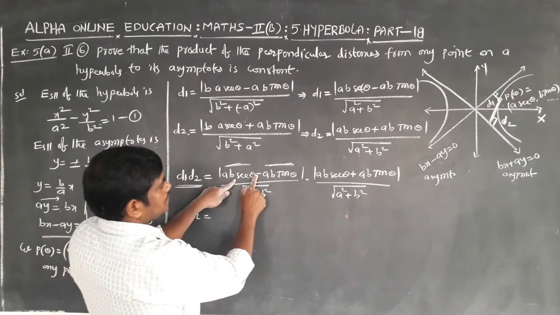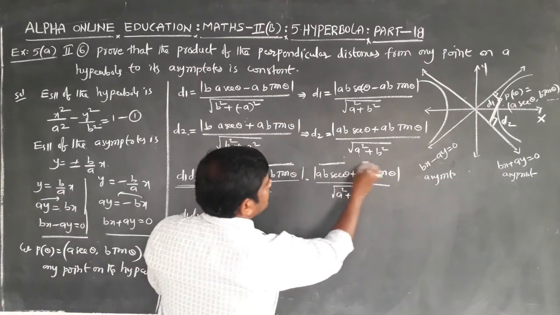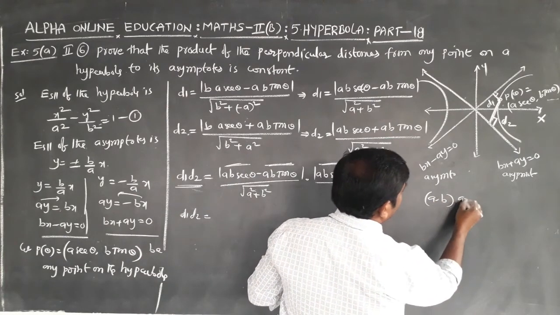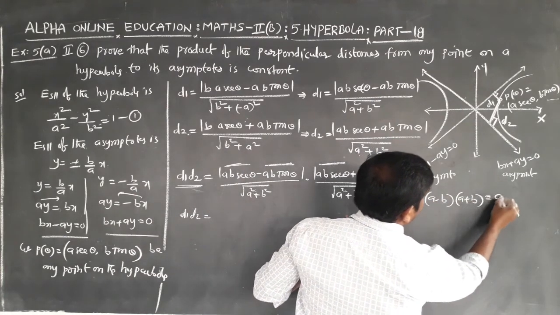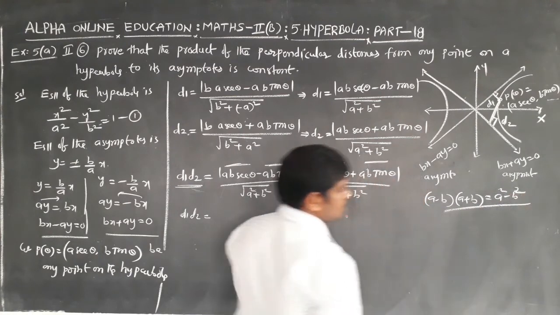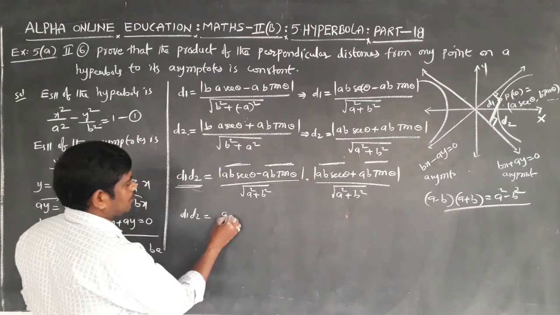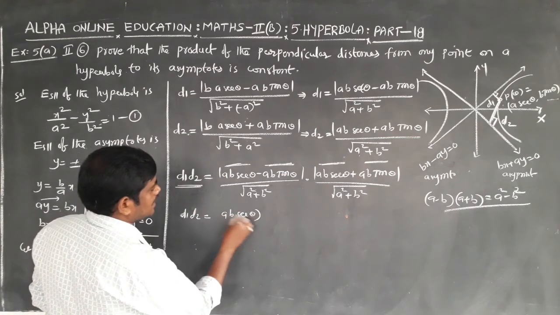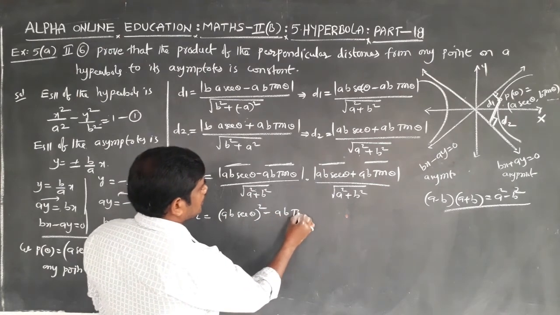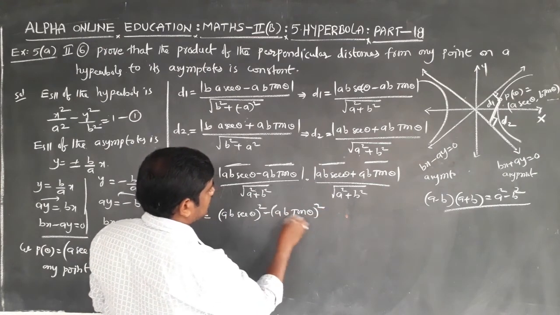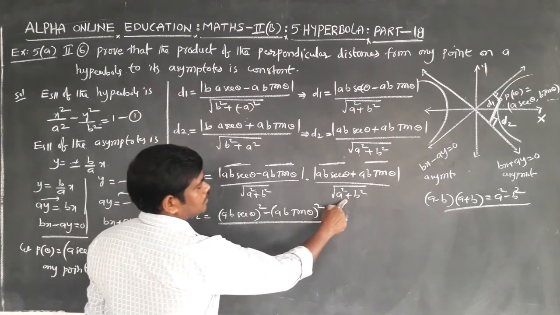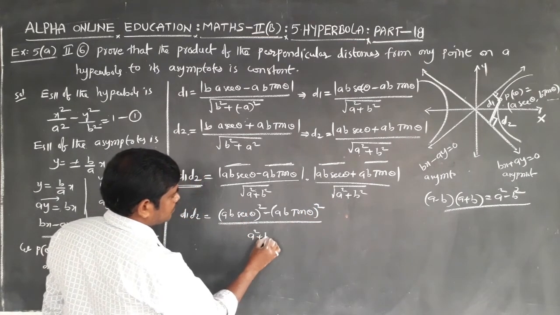d1 d2 is equal to, let ab secant theta be a and ab tan theta be b, this is the form a minus b into a plus b, which is equal to a square minus b square. So ab secant theta whole square minus ab tan theta whole square, divided by root a square plus b square into root a square plus b square.